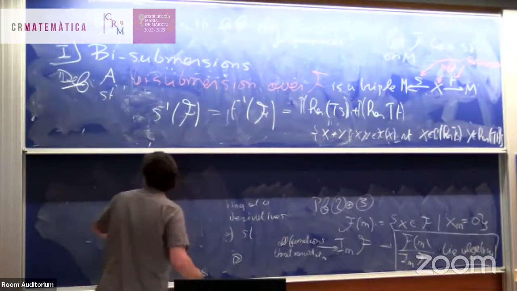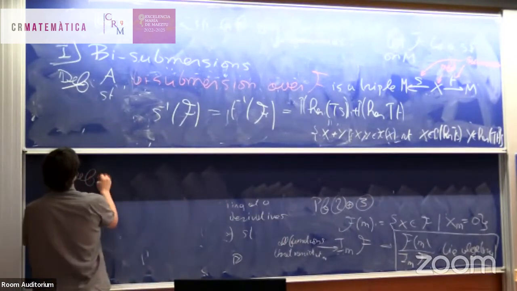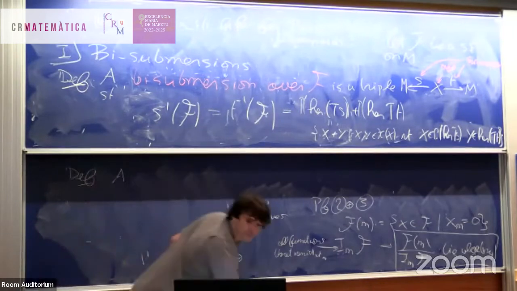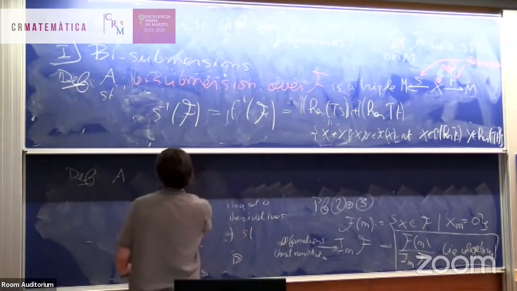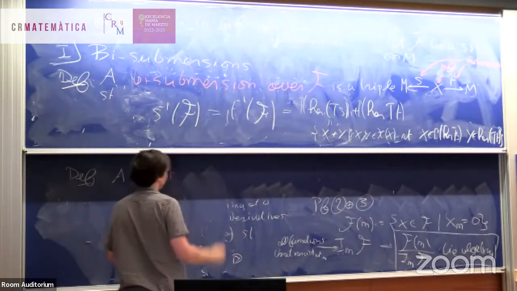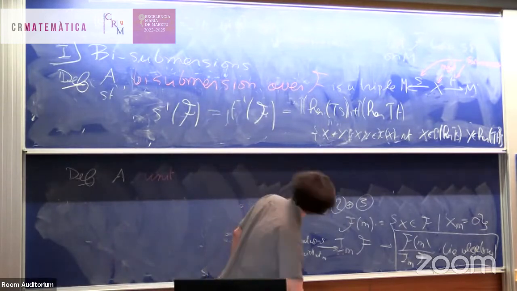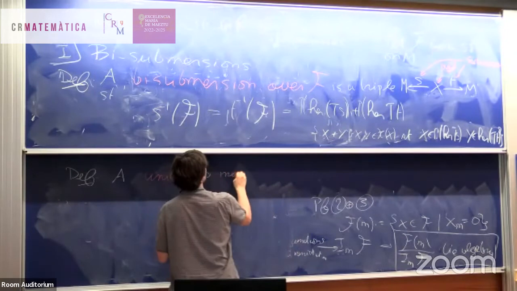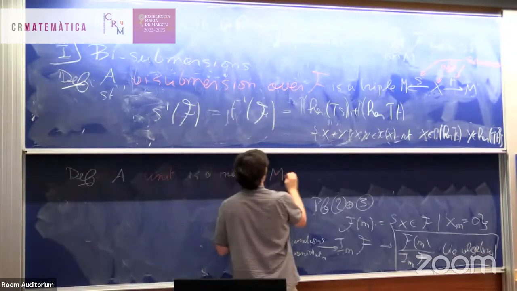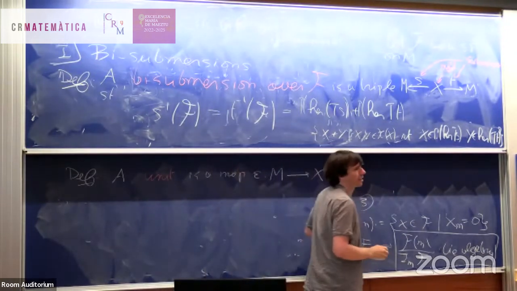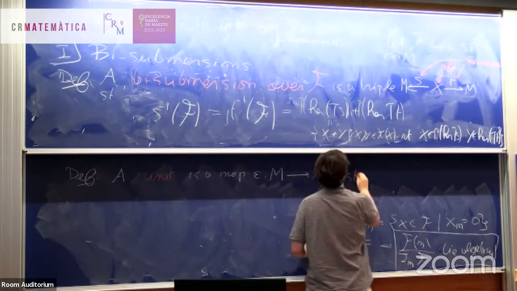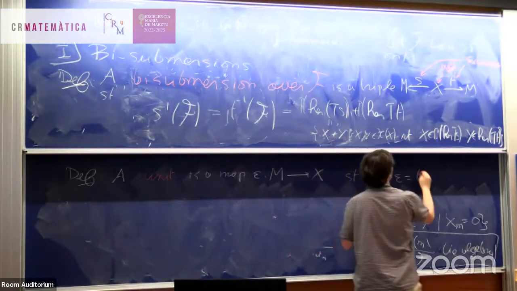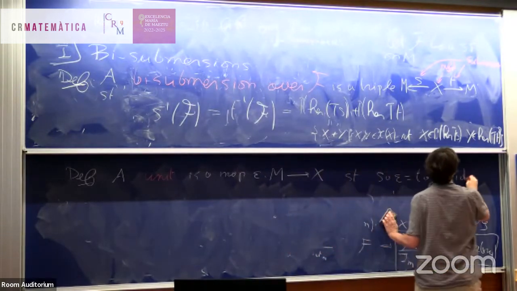Definition: a unit is a map epsilon from M to X, which is a section of both S and T, so that S epsilon and T epsilon equal identity.